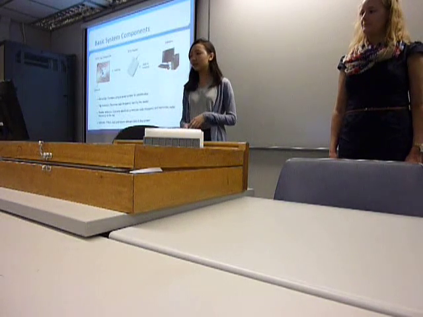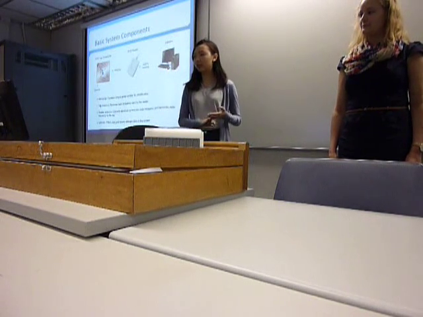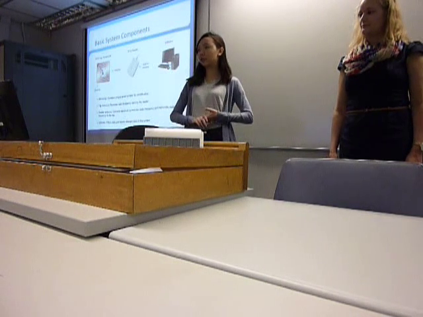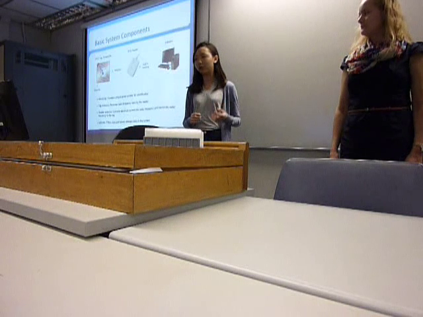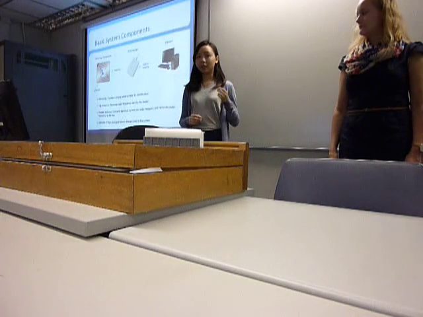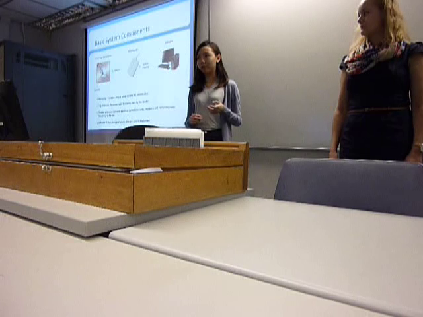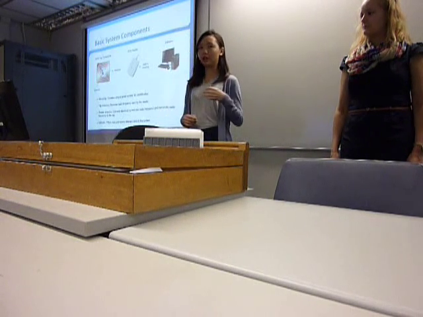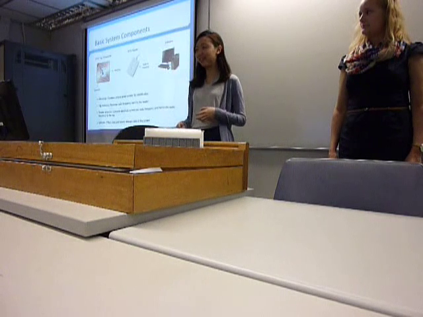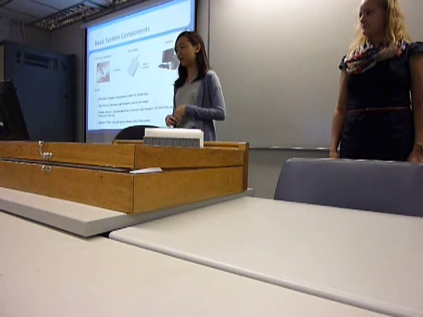There are three basic system components. For the RFID tag, there are a microchip and an antenna inside. The microchip is used to store the identification number, which is a unique number for every tag. The antenna is used to receive the radio frequency from the reader.